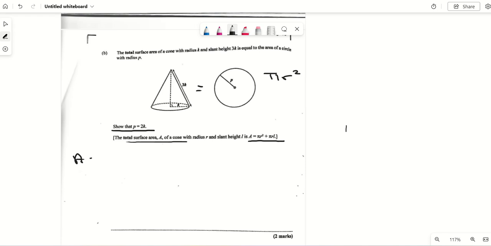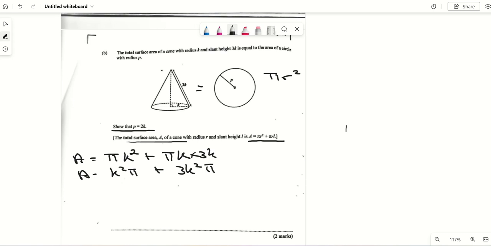So area is equal to pi r squared plus pi r l, where the radius is k, and your slanted length is multiplied by 3k. So the area would be k squared pi plus k by 3k, which is 3k squared pi, right?